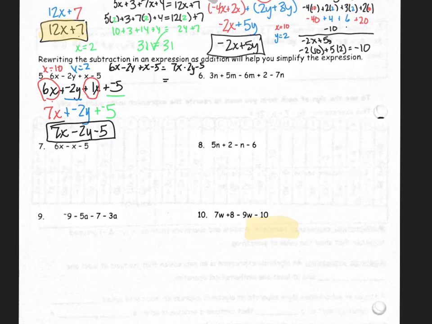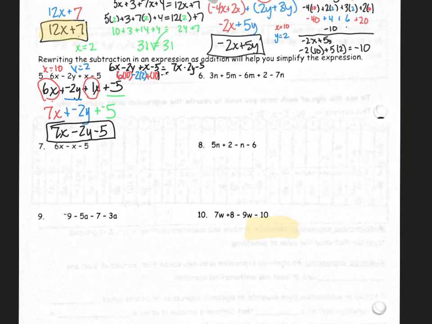Okay, so I have 6 times 10, and then minus 2 times y, so that's 2 times 2, and then plus, and this is just x, and then minus 5.